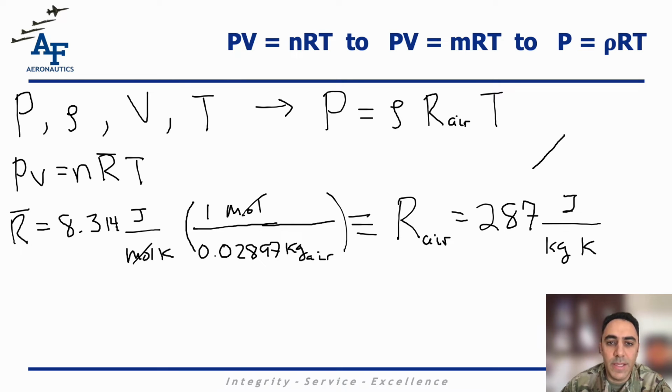And incidentally, this can be found on page 569 in your text. And there's two of them, one for English and one for the metric unit system. So this is the one for the metric unit system.